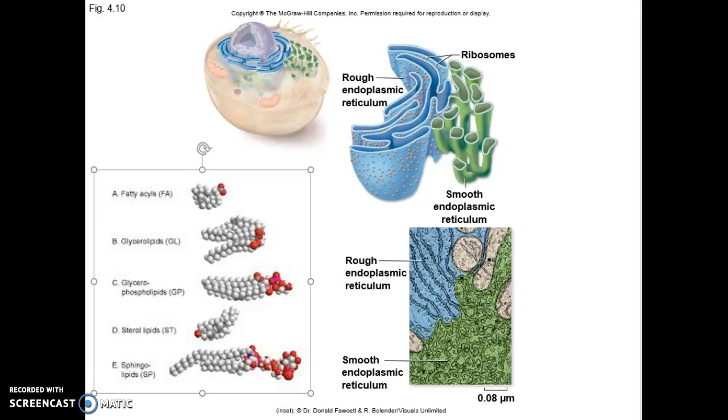So all these different lipids you're looking at on the left there, the fatty acids, glycerolipids, glycerophospholipids, etc., those are built in the smooth ER. So rough ER ribosomes make proteins, smooth ER makes lipids, and they can build some carbohydrates. They also can store some calcium.